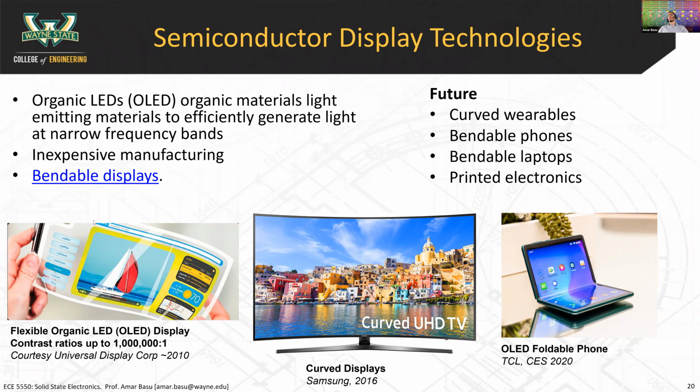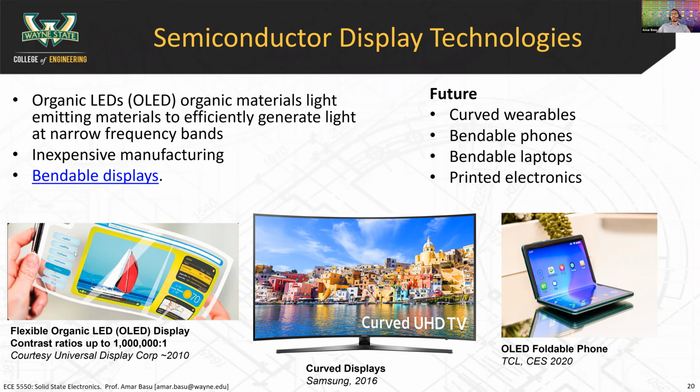On this slide, I just want to mention that there's a certain type of LED, organic LEDs, that can be printed using literally inkjet printing techniques, in addition to other semiconductor manufacturing techniques.